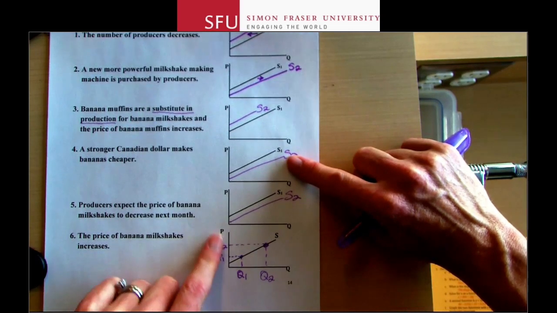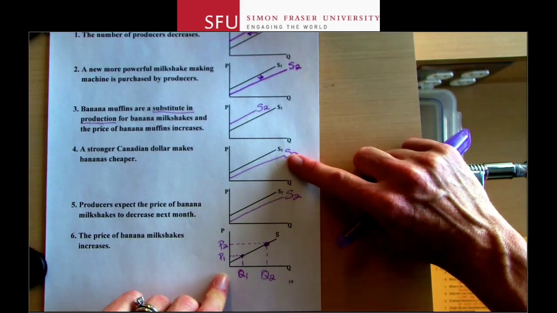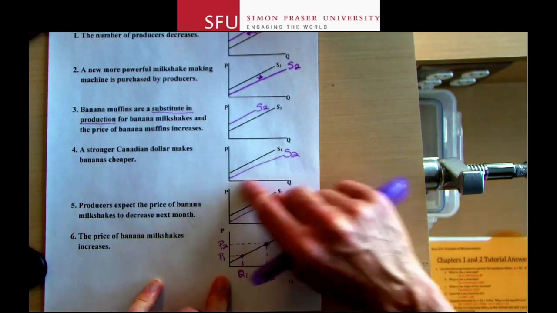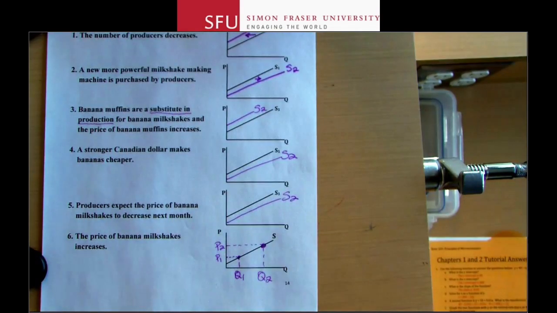So when the variable here changes, you're just on the same curve, it's just at a different point. Whereas this is a change in another variable that's not on the axes, and so it's a change of circumstances that will influence how much they want to sell, even if the price stays the same. So that creates a new curve.